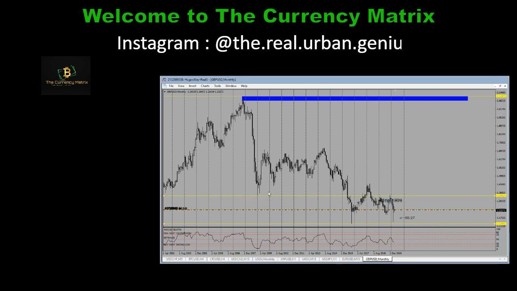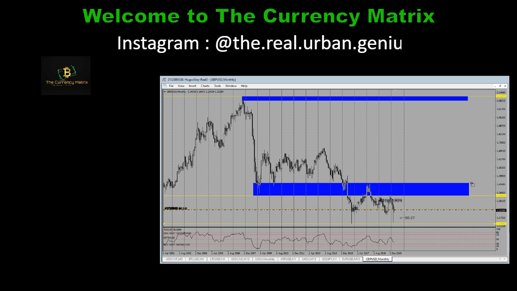And for that swing, the beginning of the wick to the body of the candle that makes that wick. And you'll see that's the zone that we would put there. All right. That's just simply labeling off the swings.